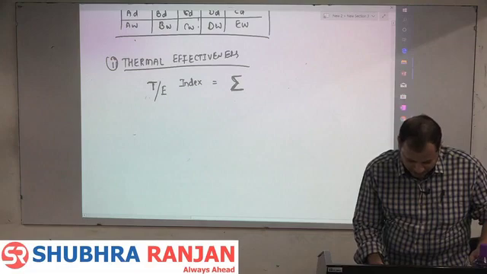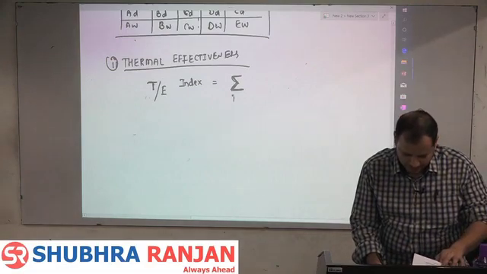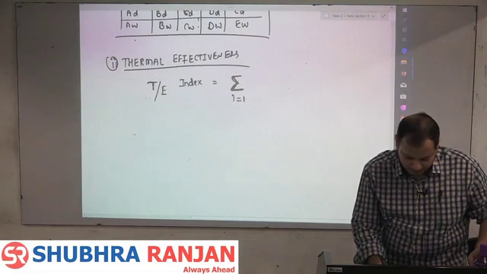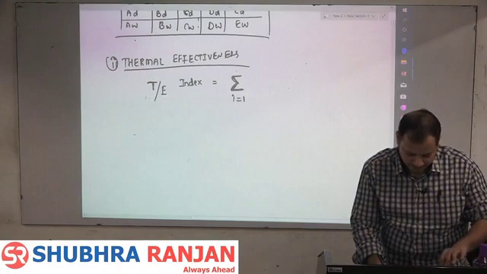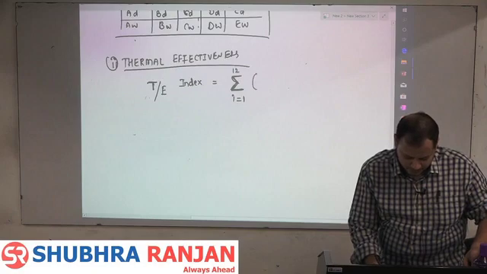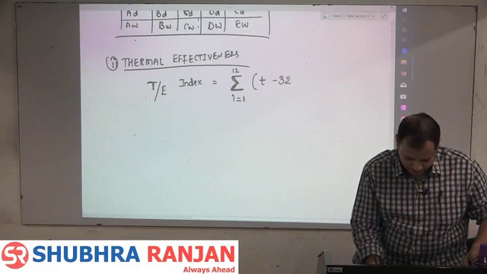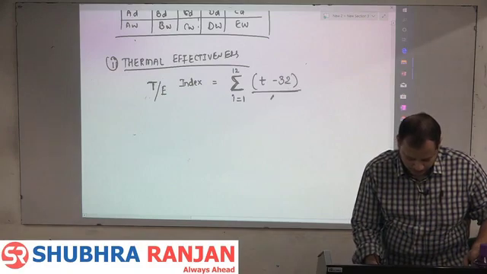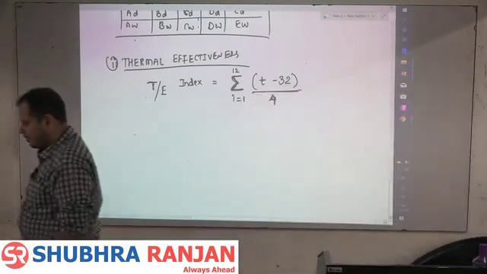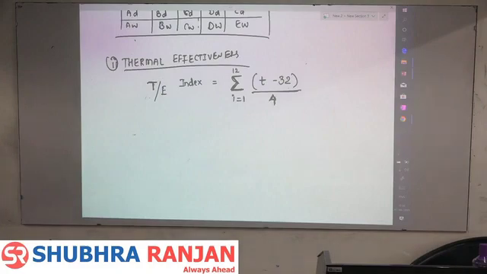It is the positive departure of mean monthly temperature from the freezing point. मतलब 0 डिग्री से कितना ज़्यादा टेम्परेचर है, that is the temperature effectiveness, mean monthly temperature from the freezing point.